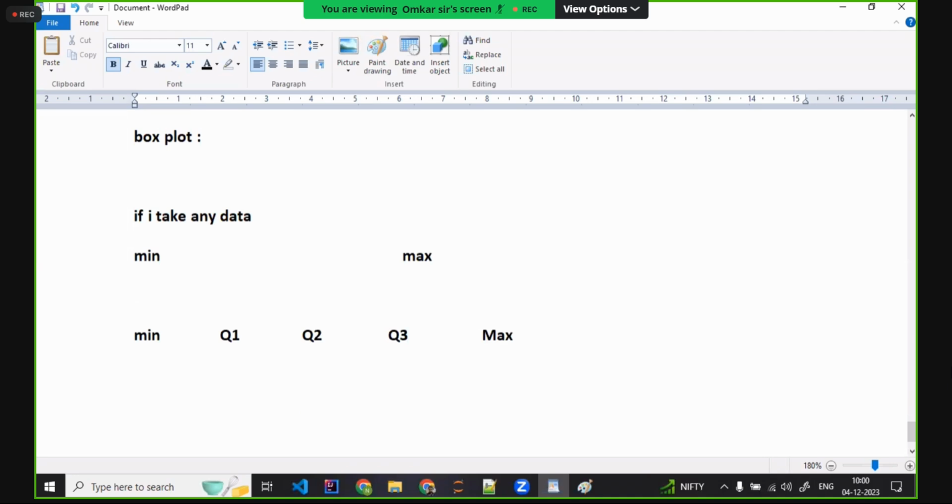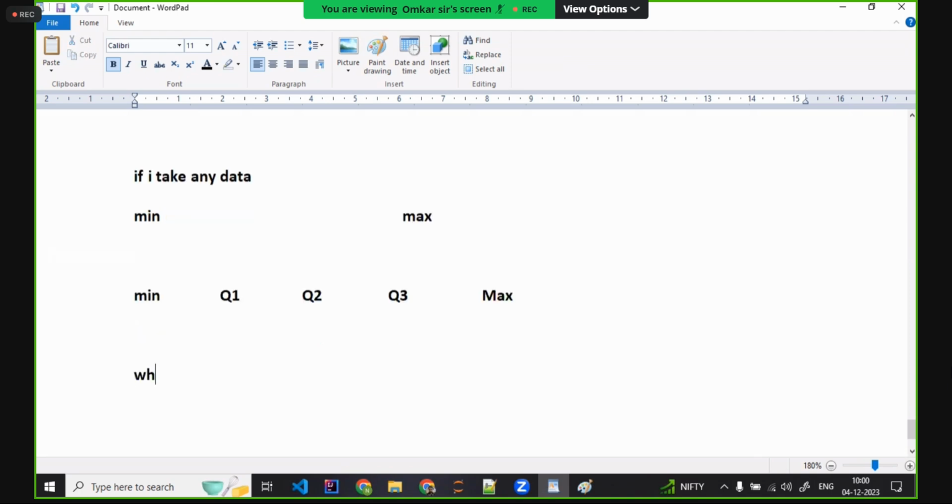Suppose an outlier is there. Where might the outlier exist? Between minimum and Q1, Q1 and Q2, Q2 and Q3, or Q3 and maximum? Tell me.